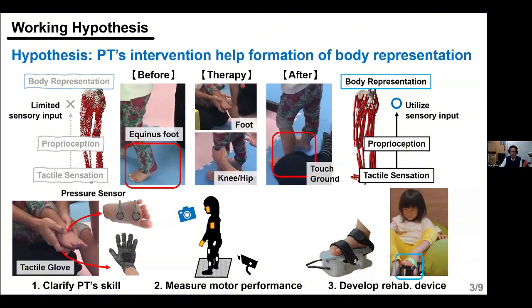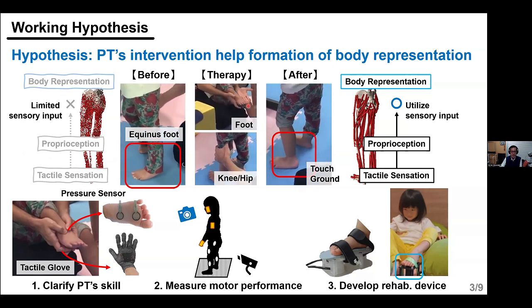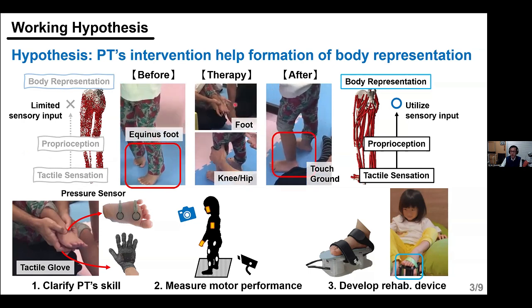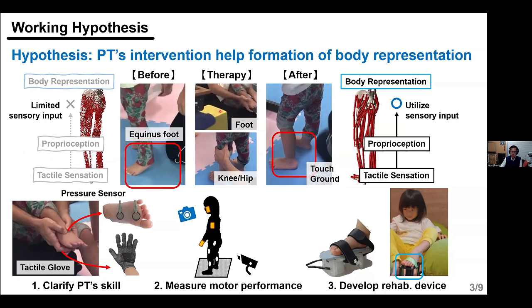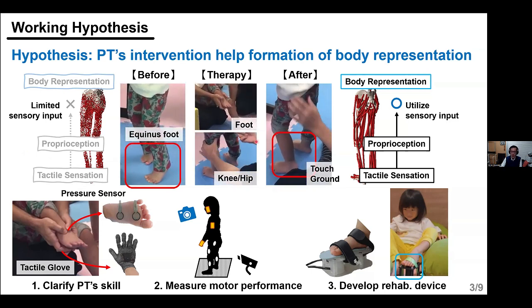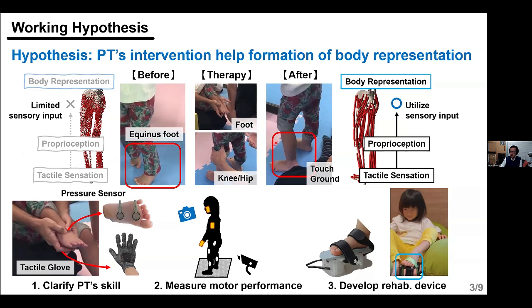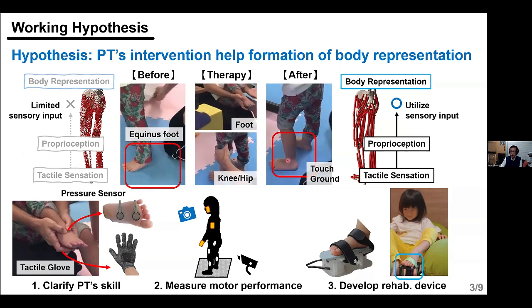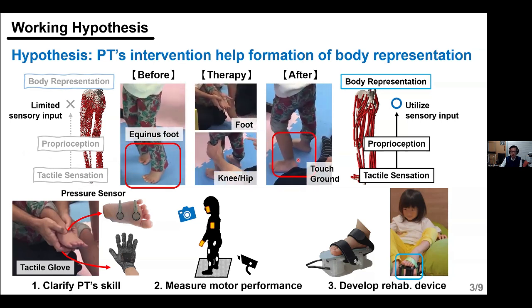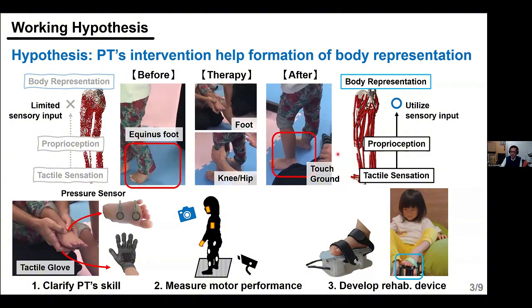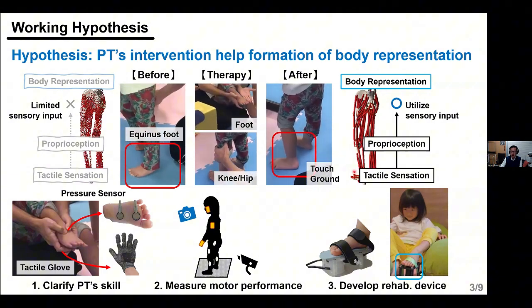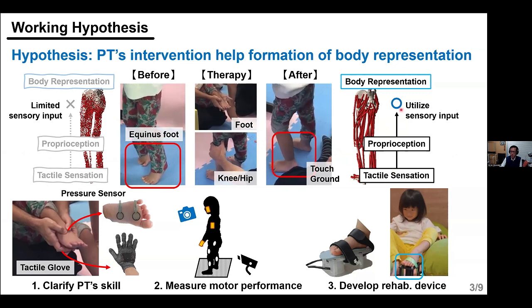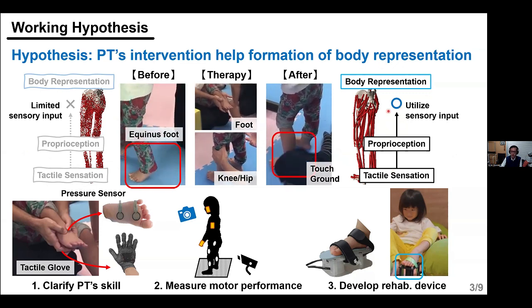To this child, the physical therapist adds mechanical stimulation to the child's foot, knee, or hip. After 20 or 30 minutes of rehabilitation, her feet could fully touch the ground. In this sense, she could utilize those sensory inputs and construct body representation.